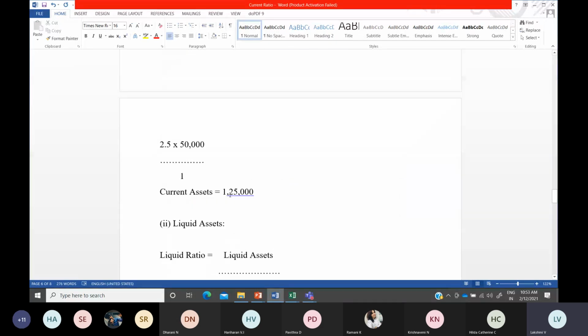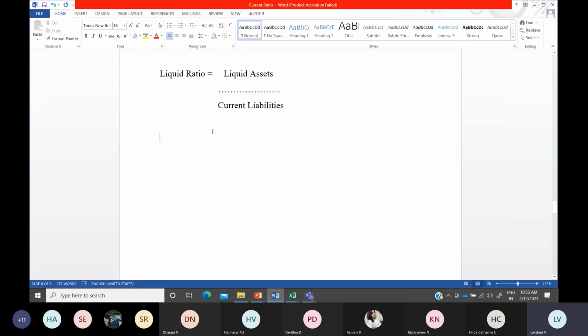If you see 1.5 is to 1, how can you rewrite that? We can rewrite 1.5 is to 1 as 1.5 divided by 1. Okay, so now what is the meaning?